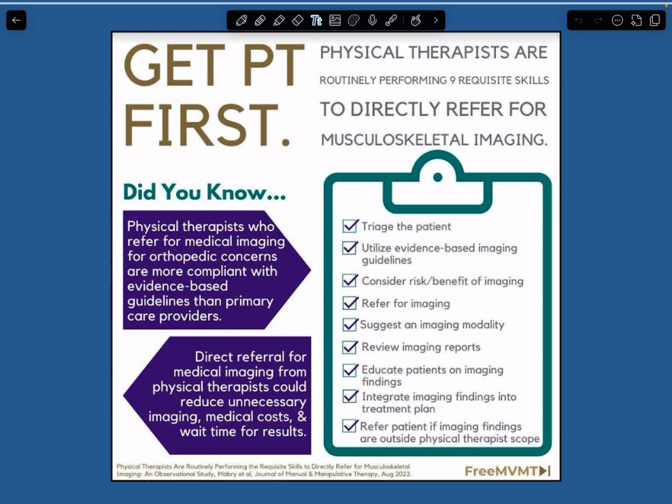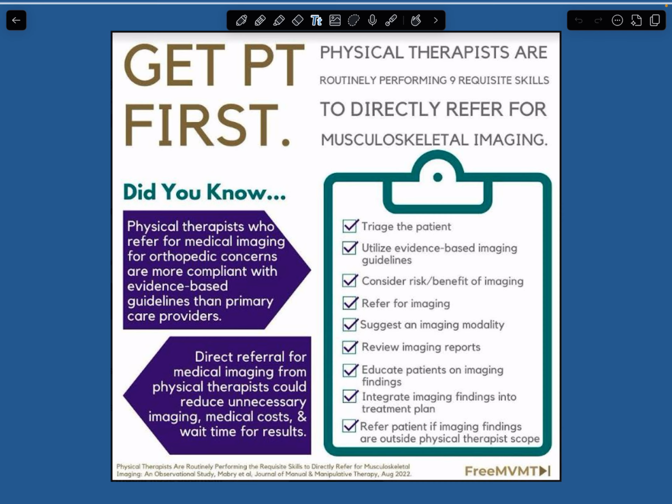We wanted to know how often these are happening with PTs. When you start to see these infograms, PTs are routinely performing these 9 or 10 drivers of skills, they put these things together and push this out, that PTs are doing these skills routinely.